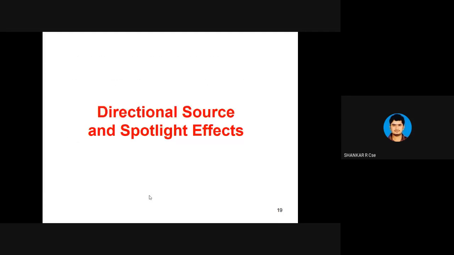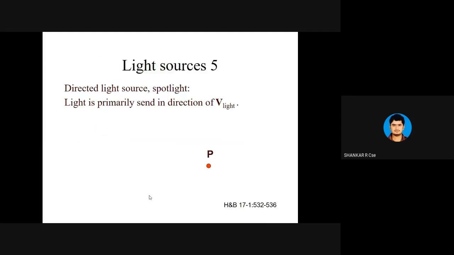All right. Now there is something called spotlight effects. You can see, if this is the light source, and the direction, that is the intensity of the light source, the light rays will go in this direction. Now it forms a cone, and there can be an object something like this.